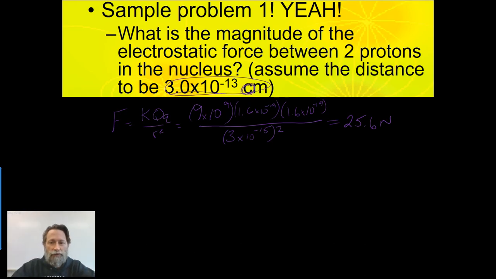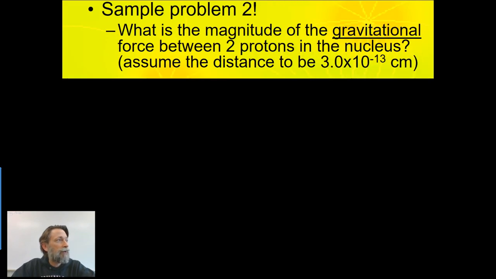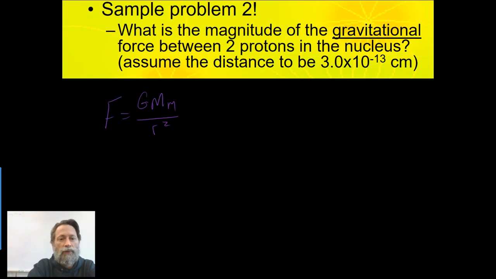Now, to throw into the next part of this, we could say, here we go. What is the magnitude of the gravitational force between the two protons? So if I'm talking gravitational force now, aren't I going back to that G M M over R squared that we had earlier?